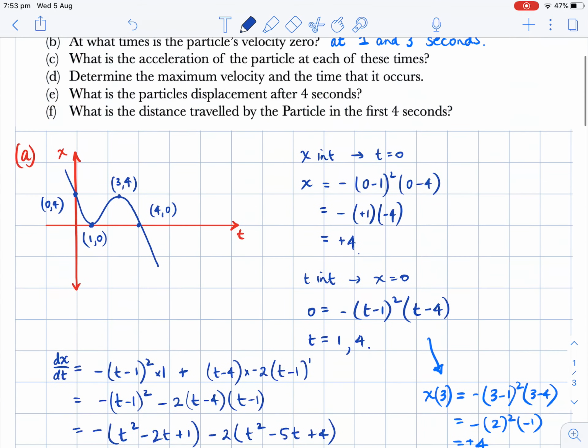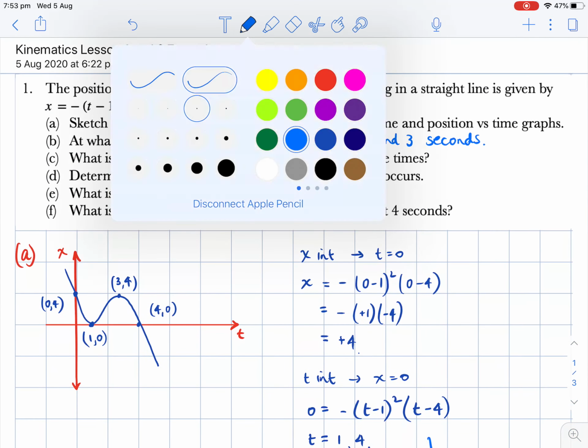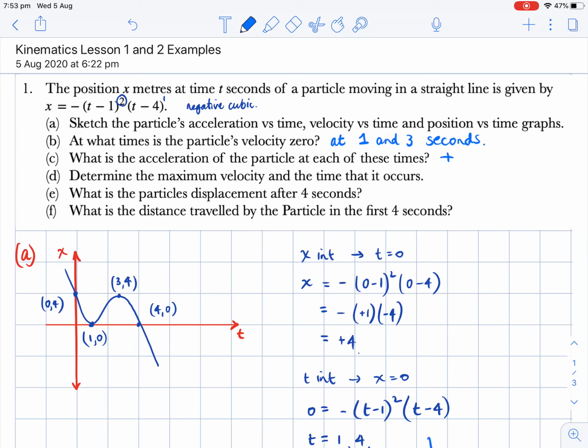So let's write them in at the top. We could formalise that a little bit better, I think. Let's say A of 1 is equal to 6 meters per second squared, and A of 3 is negative 6 meters per second squared. So that's part C.